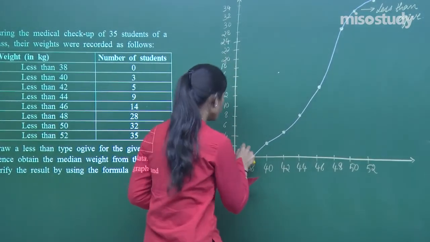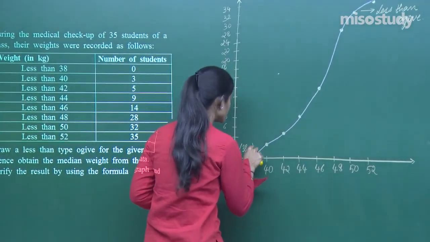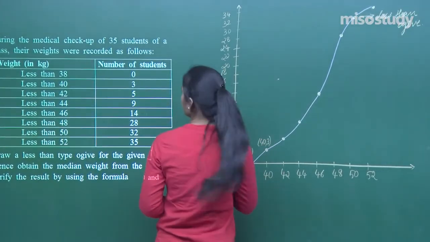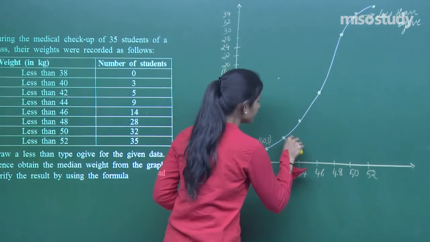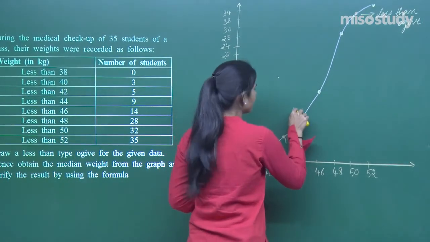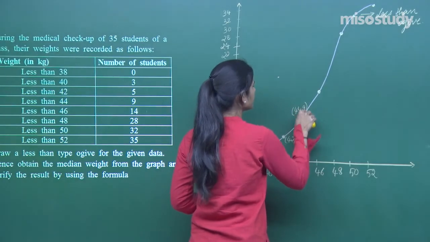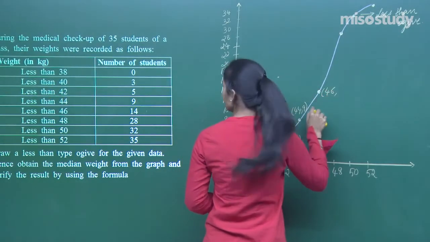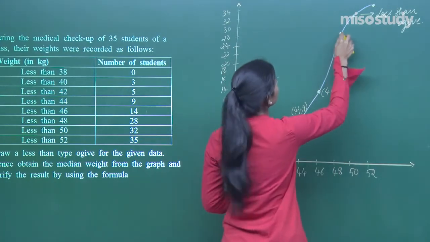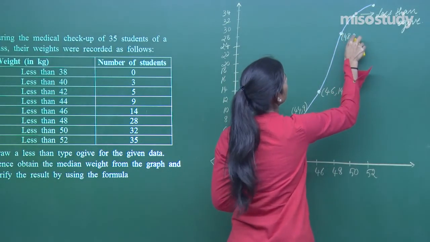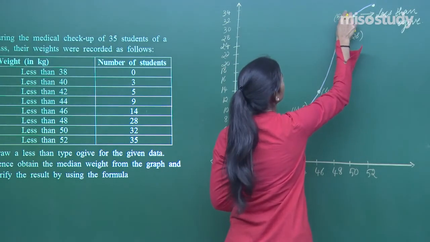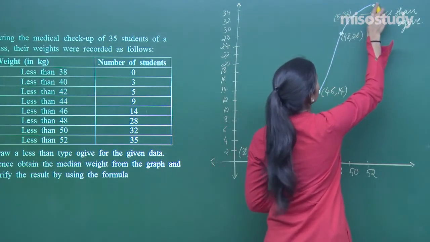Now that you have this, if you want, you can also mark the points. This is 38, 0. This is 40, 3. Then this is 42, 5. Then you have 44, 9. 46, 14. 48, 28. 50, 32, and 52, 35.